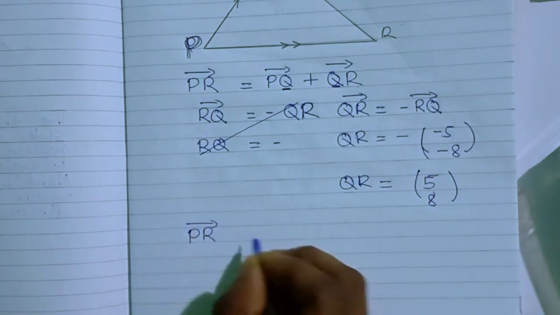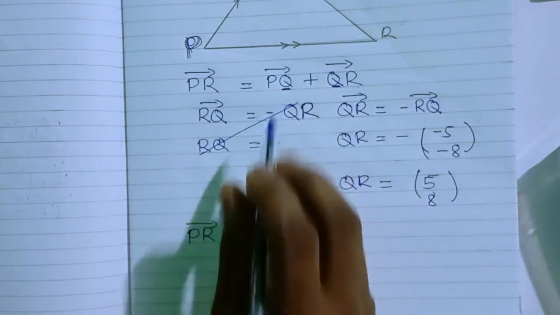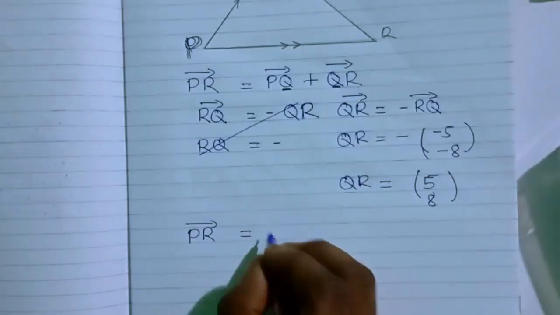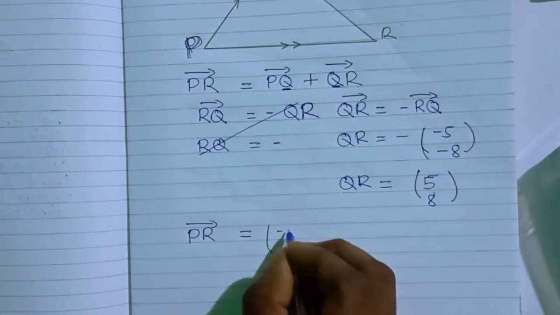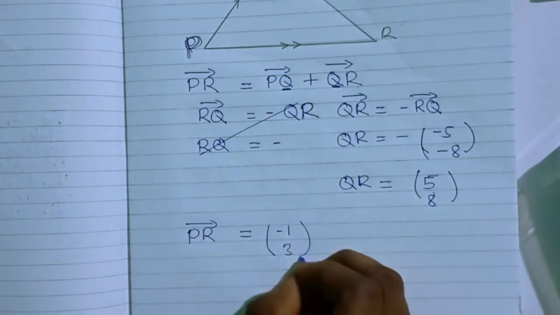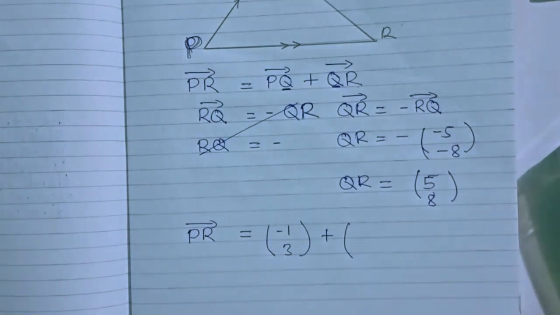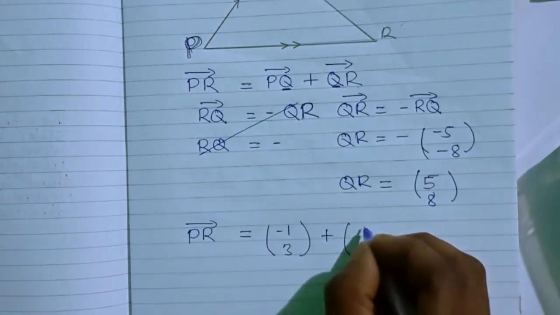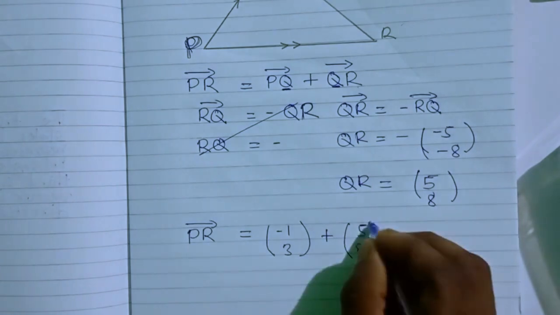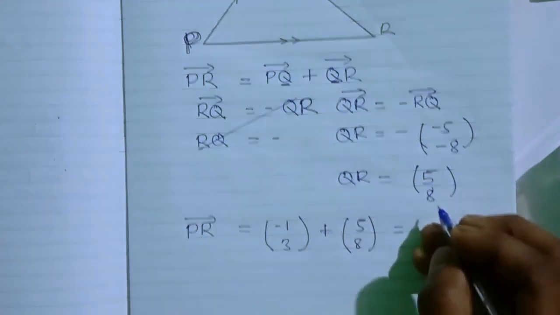My PR will be equal to PQ. Where's PQ? This is PQ. PQ was given to be negative 1, 3, plus my QR, which is now 5, 8. So I'm adding.